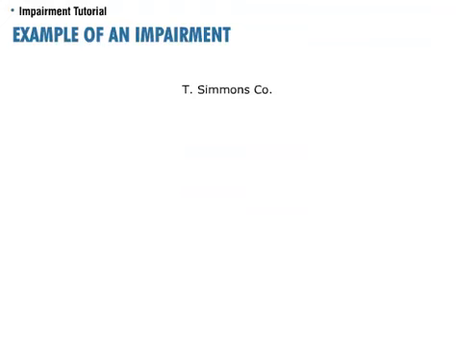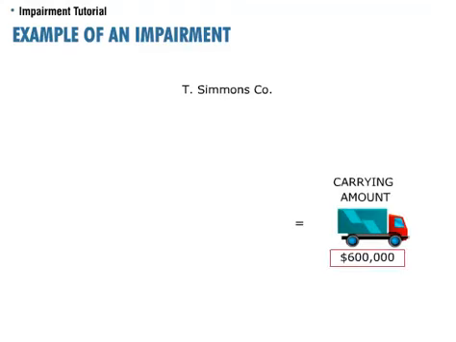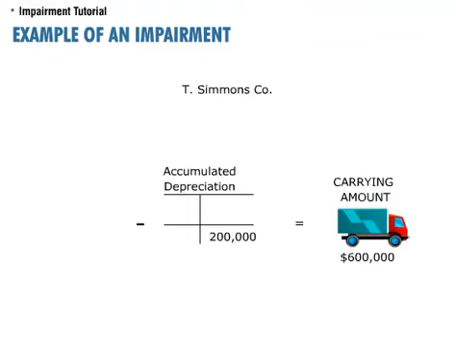T. Simmons Company has an asset that, due to changes in its use, is reviewed for possible impairment. The asset's carrying amount is $600,000, which is calculated by subtracting the $200,000 accumulated depreciation from the $800,000 cost.